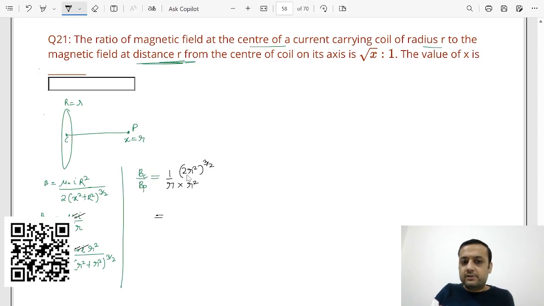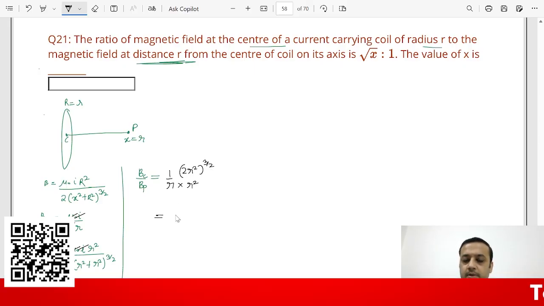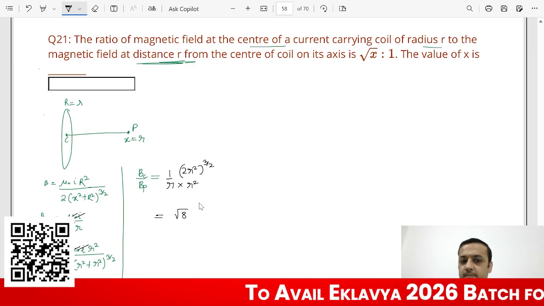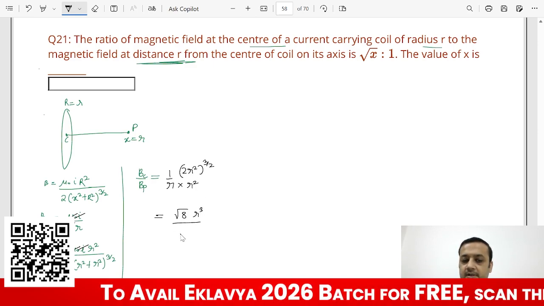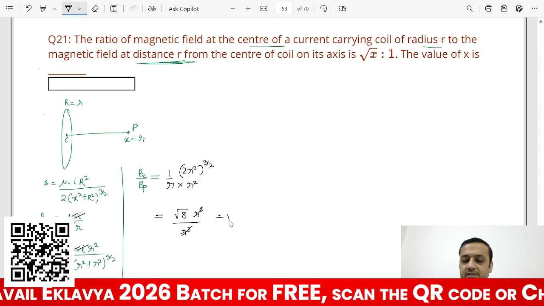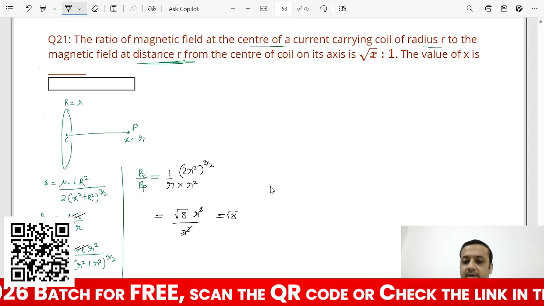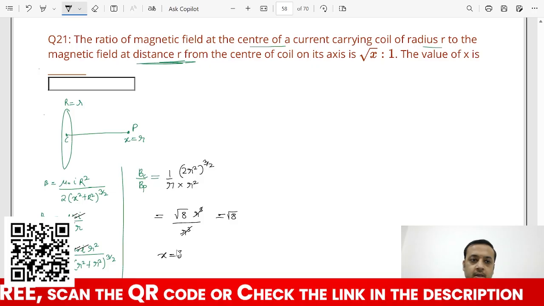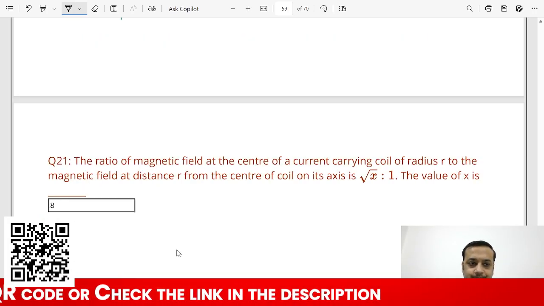Now this becomes 2 to the power 3 by 2, that means basically the square root of 2 cube, which is root 8, and r square to the power 3 by 2 will become r cube, which divides by r cube. So the answer is root 8, which means x will become 8. So that will be the answer to this question.